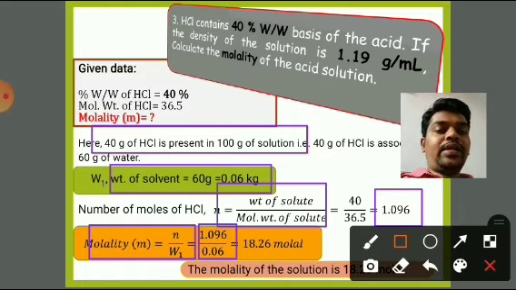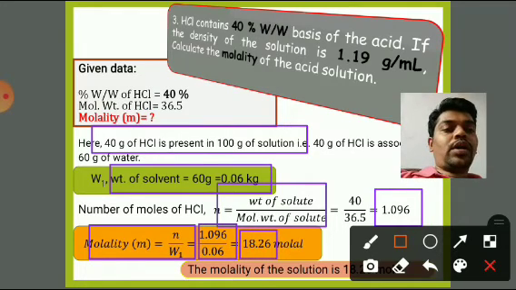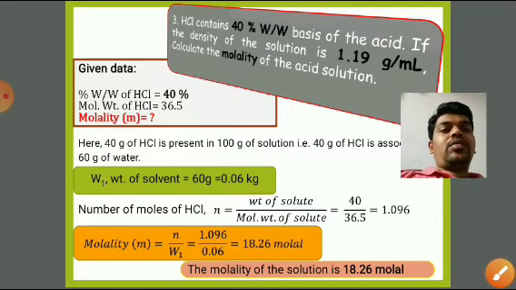After calculating this ratio, we get the value 18.26 molar. So that much molar concentration, 18.26, is the concentration of that solution.